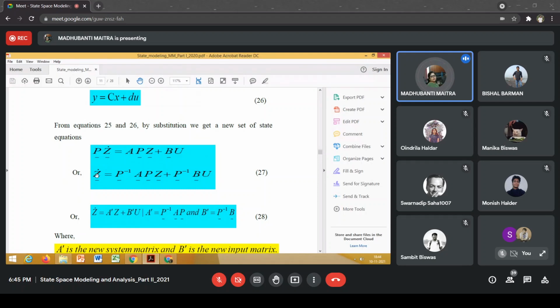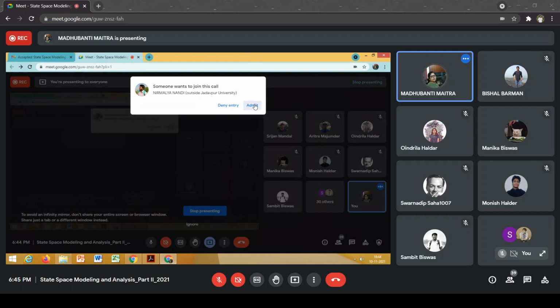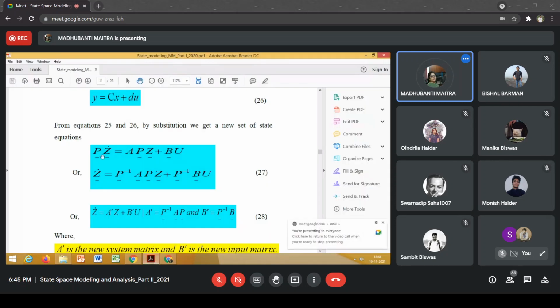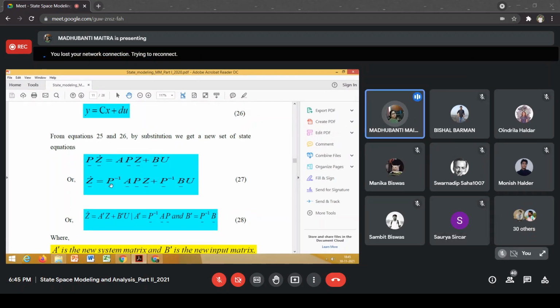Since z is an n by 1 column vector, this equation will give us n number of first order differential equations, where now z is our set of state variables, right? And P inverse AP can be written as A dashed.